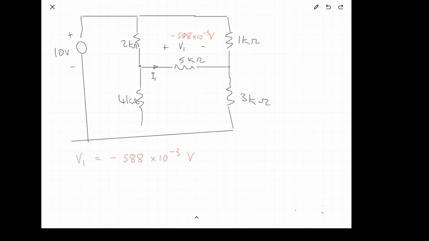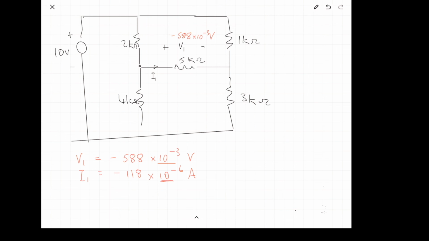So now we've got our previous circuit up and we have our I1, and our I1 is equal to negative 118 times 10 to the minus 6 amps. Now again, remember that even though I see micro on the screen, I'm actually putting in the full multiplier each time. It'll help reduce the chance of mistakes in calculations later on if you do that.